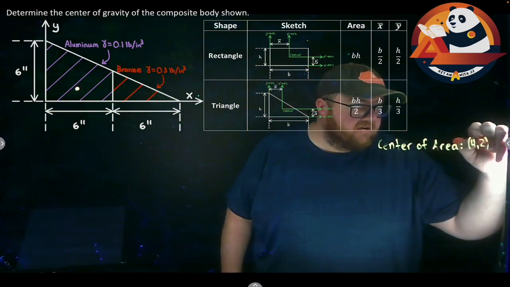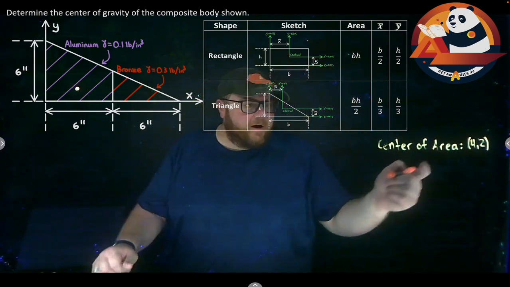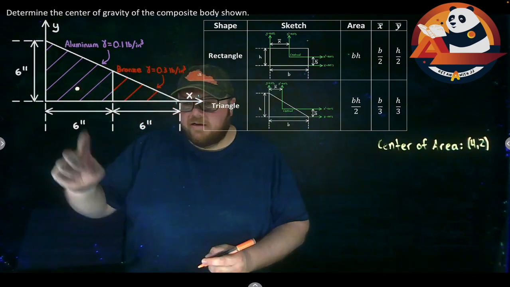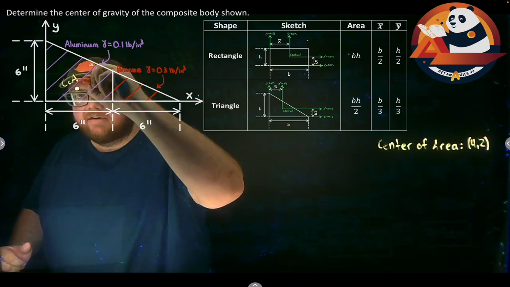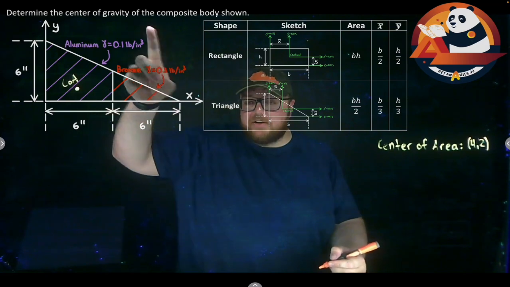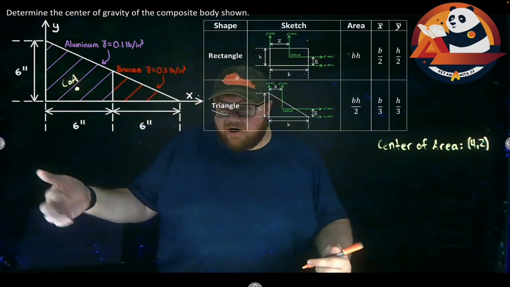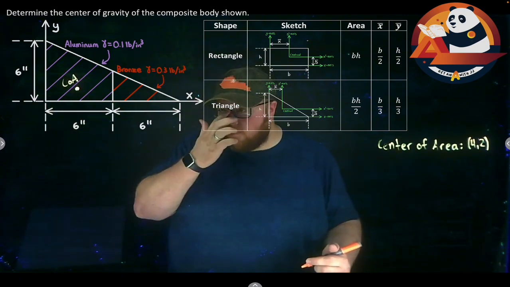How does accounting for the weight end up changing where we'd say the centroid, the center of gravity, is going to be? I'm going to label that COA, center of area. Let's find our center of gravity. For center of gravity, rather than having x bar as the sum of x tilde A over the sum of our areas, we're now pulling in weights.